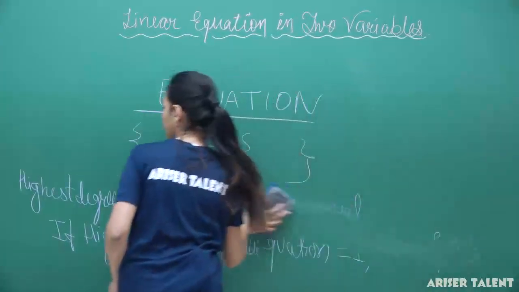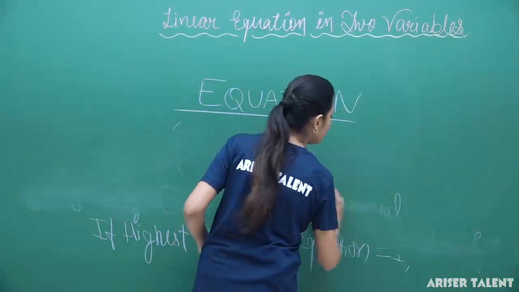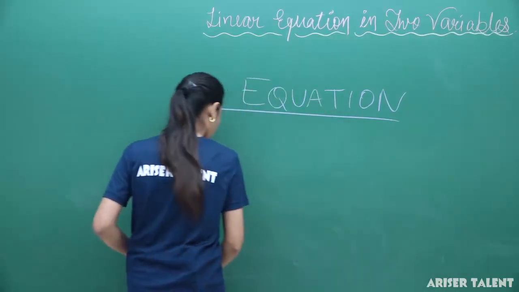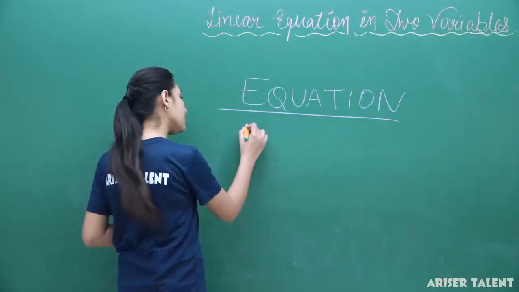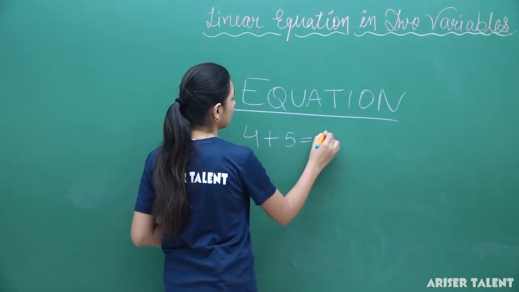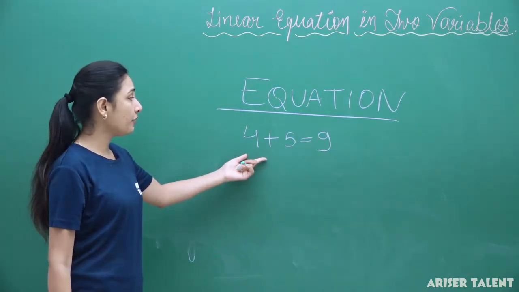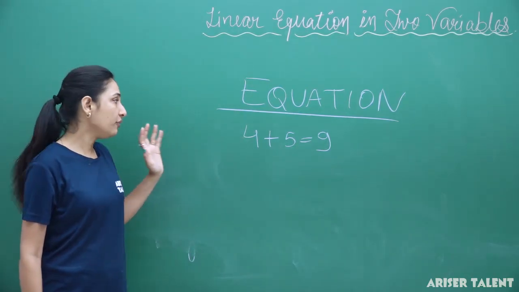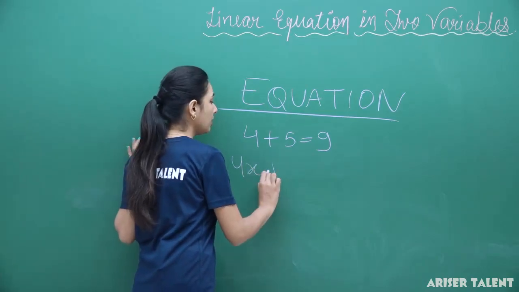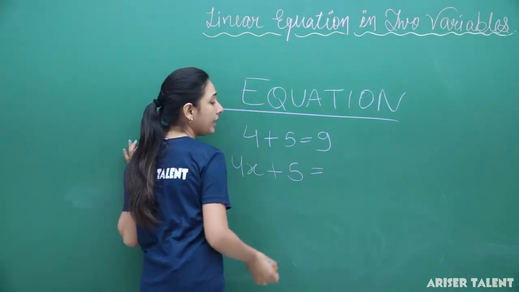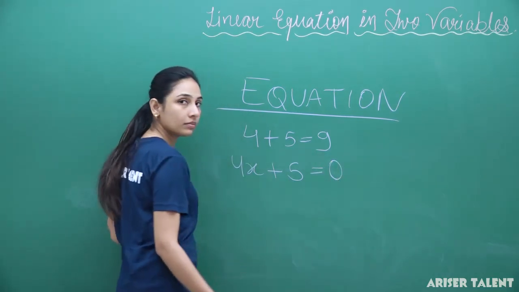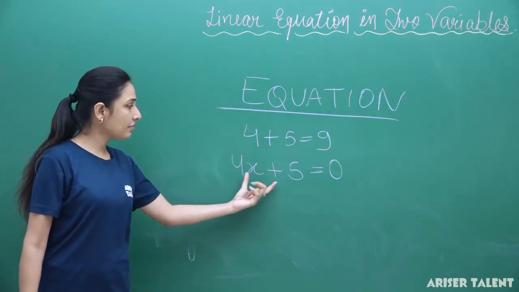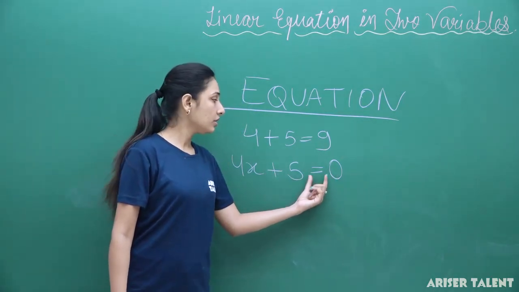So that means I may have many equations. I will tell you the simplest equation, 4 plus 5 equals 9. Alright, 4 plus 5 is 9 and 9 is 9. So this is also an equation. Now if I say 4x plus 5 equals 0, I am having something here and something here with the equal sign.